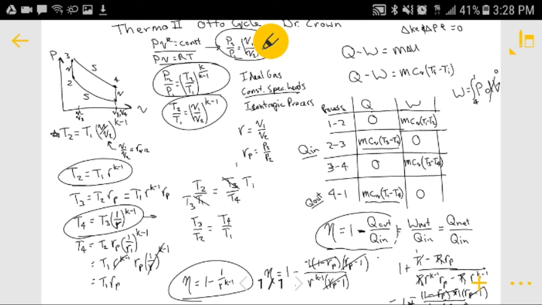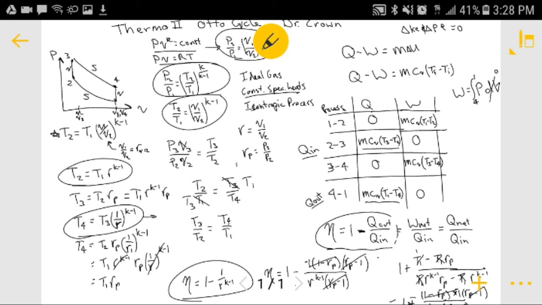And if you remember, when I used the ideal gas law, which I just erased, we have P3, V3, T3, and P2, V2 over the other side divided by T2.